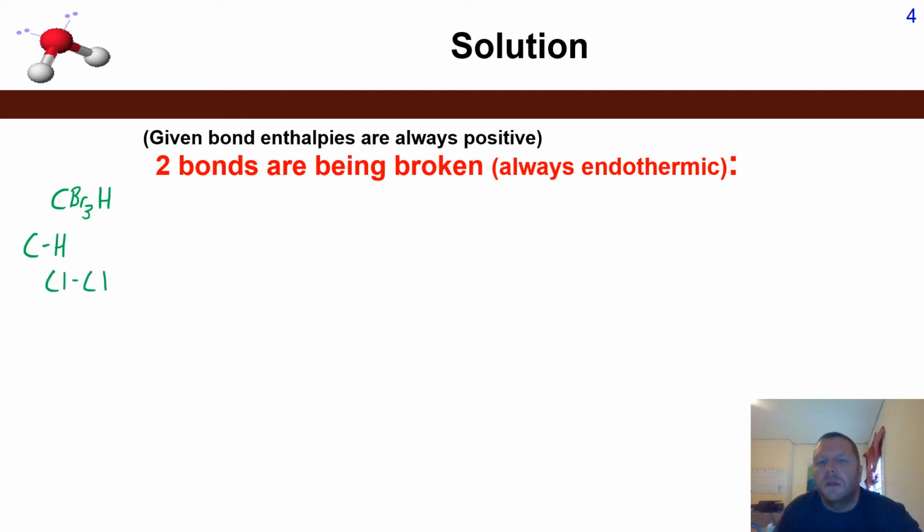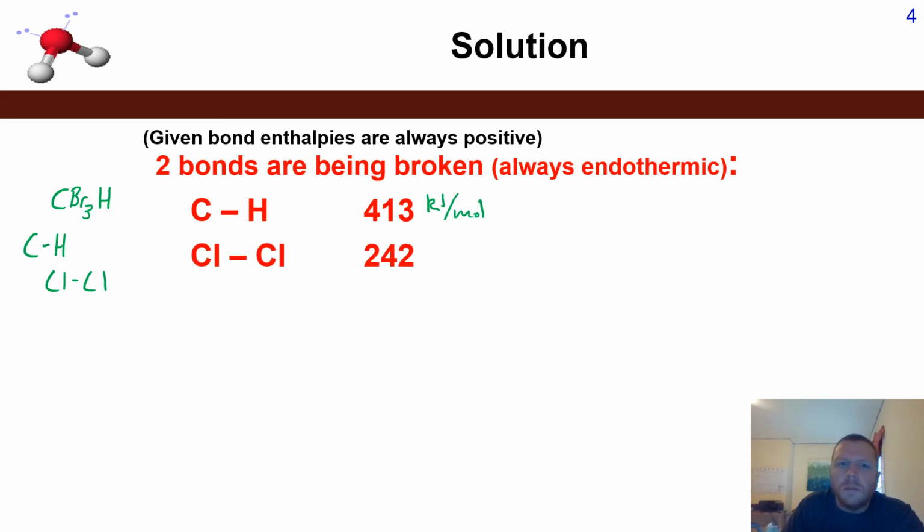So the energy associated with a CH bond is 413 kilojoules per mole. The energy associated with breaking a Cl-Cl bond is 242 kilojoules per mole. So these are endothermic processes.